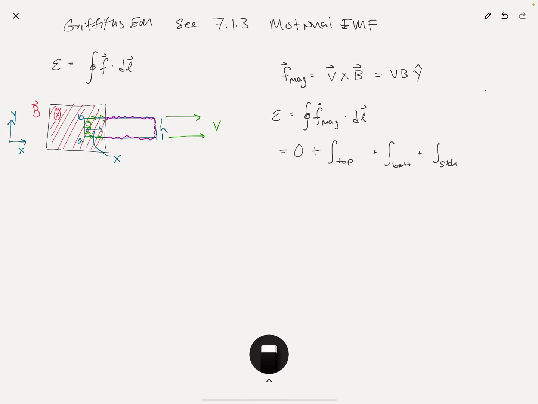On the top, my path is in the x hat direction. On the bottom, my path is also in the x hat direction, and the side is in the y hat direction.